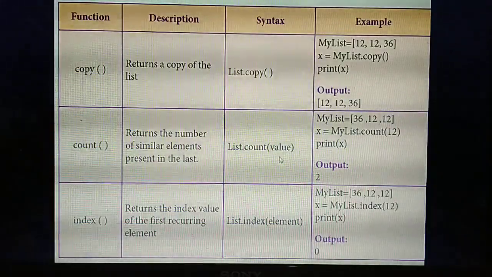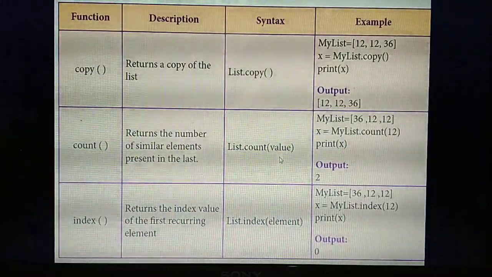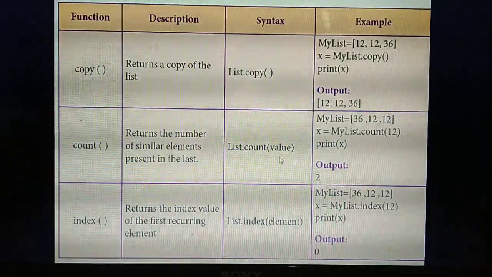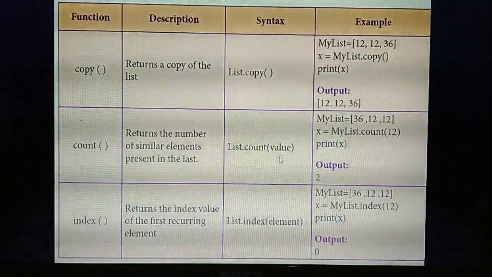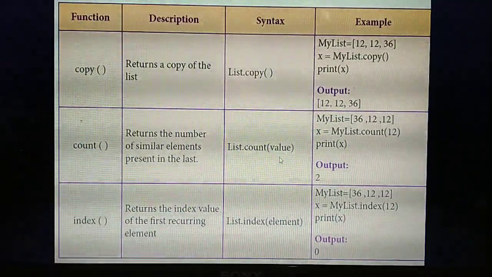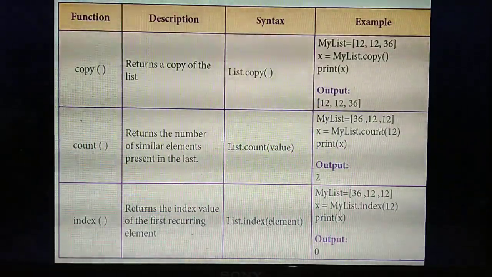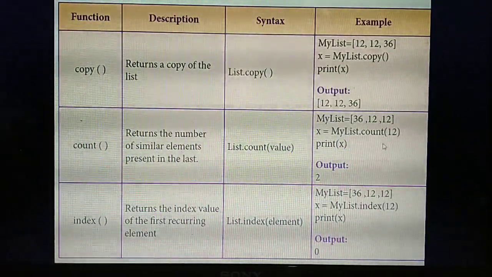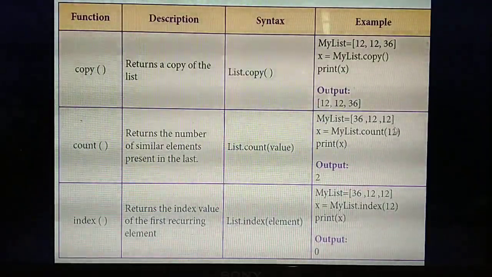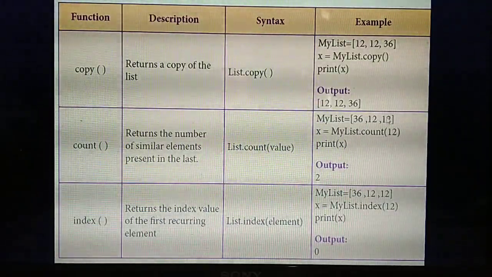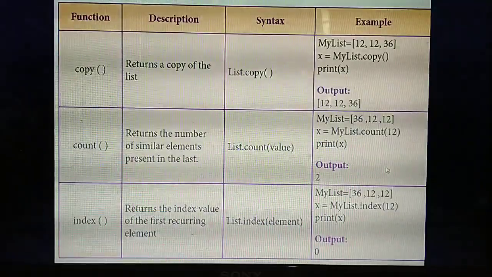For example, you are entering marks of students in your class. You need to know how many students scored 98 marks in your exam. At that time you can enter the marks in the list and give mylist dot count of 98, which will display how many students scored 98 marks. Understand?